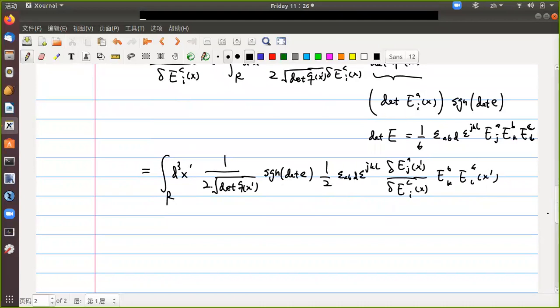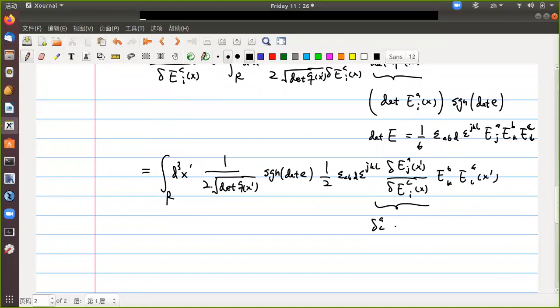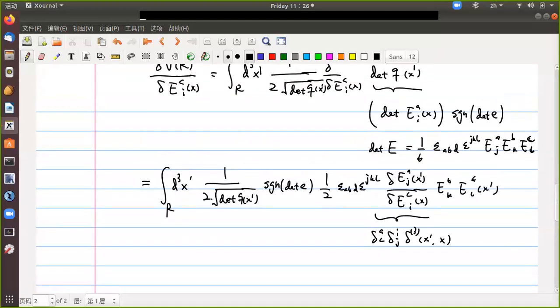All right, so now you are just taking this functional derivative of E with respect to E, and what you get is just delta functions: delta^A_C, delta^I_J, and delta^3 of x prime and x. And because you have a delta function, you can just integrate out this integral.